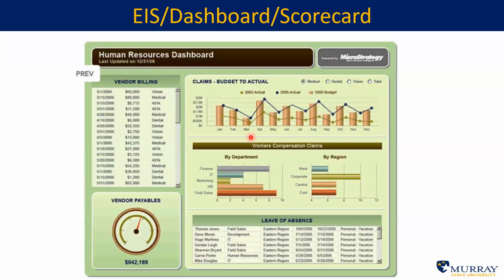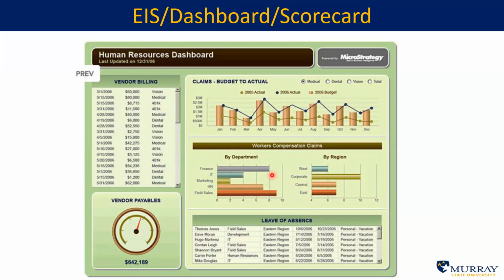So here you have the so-called dashboard, executive information system, or executive dashboard. One popular vendor of business analytics or business intelligence applications and solutions that includes dashboards is MicroStrategy. It's a well-known software company specializing in business intelligence or business analytics applications. So here we have something related to human resources. A manager of a human resource department may look to see what's happening with their human resource function from a financial standpoint.